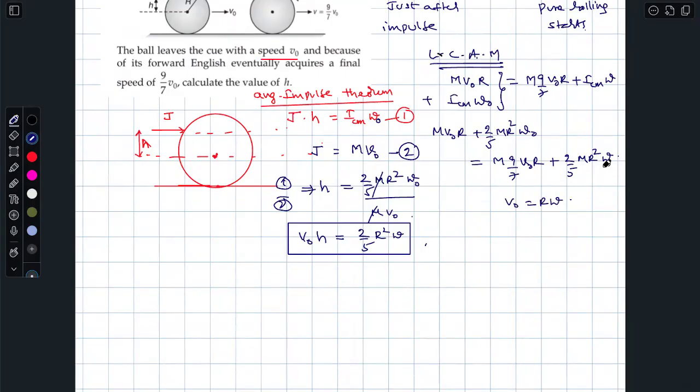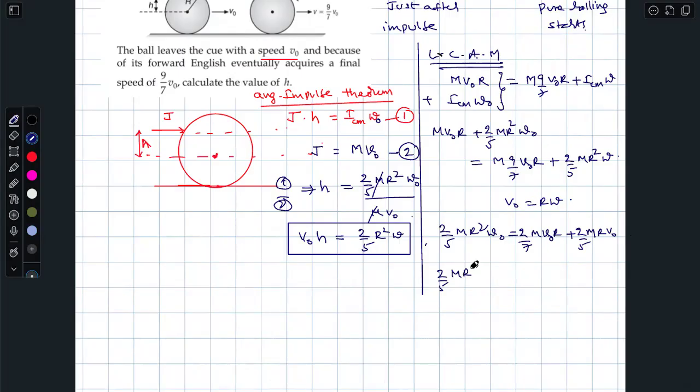Yes or no? Therefore, I can write 2 by 5 m r square omega naught is equal to this minus that, 9 minus 7, 2 by 7 m v naught r plus 2 by 5 m r v naught. Agreed, boys?